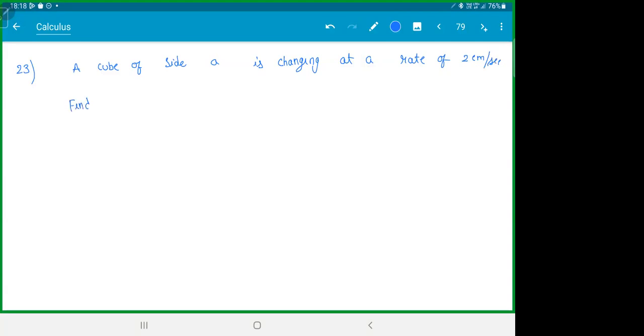Find the rate of change of surface area and rate of change of volume when A is equal to 3 centimeters. Get this easy one.